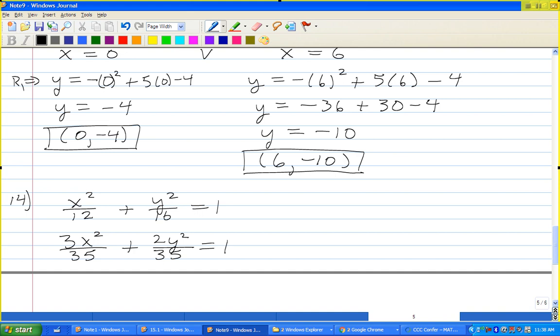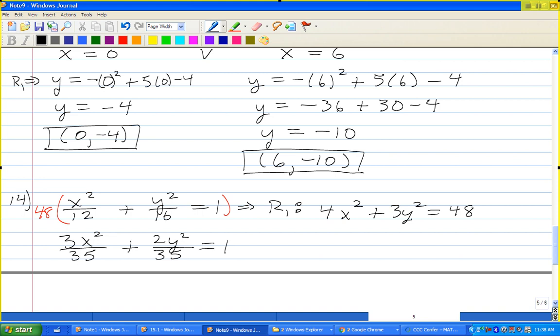Let me actually simplify these first. So let me multiply both sides of my equation by 48. And so I get, and maybe I'll call that R1, 48 divided by 12 is 4, x squared. 48 divided by 16 is 3, y squared equals 48.